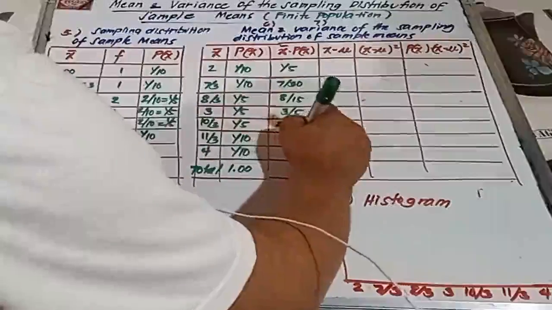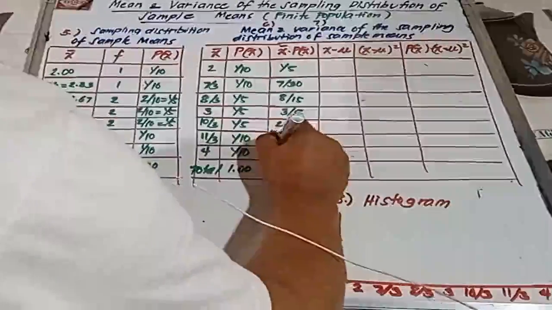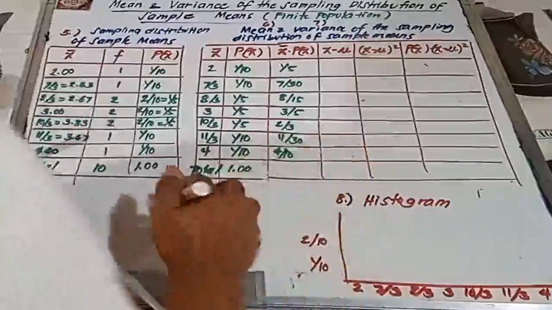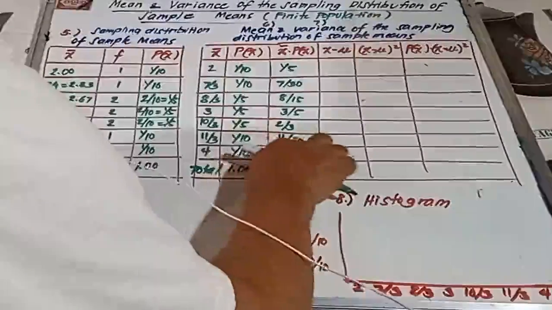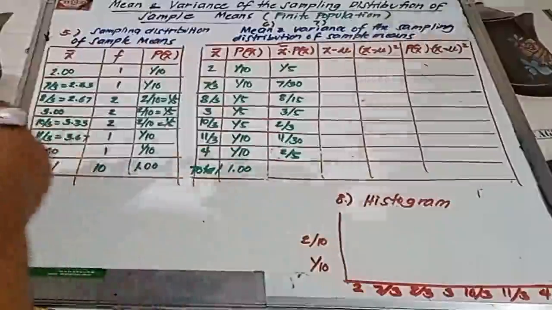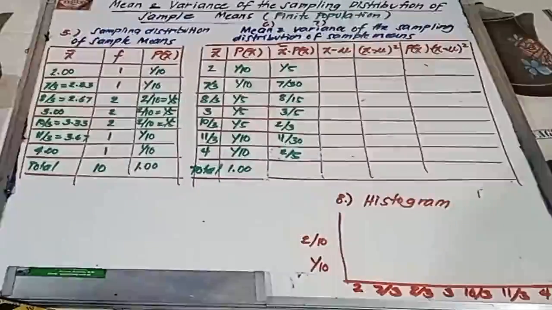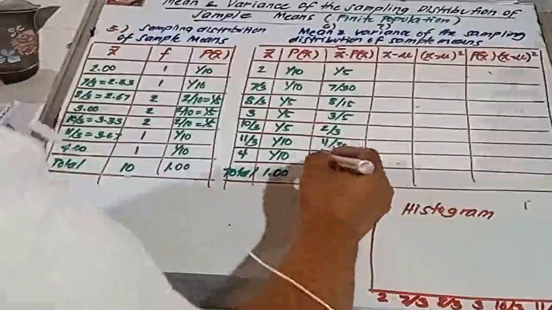So we have 11 over 30. The last, we have 4 times 1 over 10 is 4 over 10. 4 over 10, ito guys, simplify na lang natin. 4 over 10 is equal to 2 over 5. And gamit yung calculator, we're going to add all of this. So that is equal to 3.00.